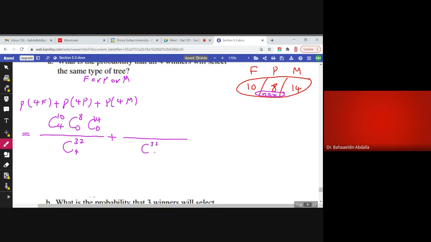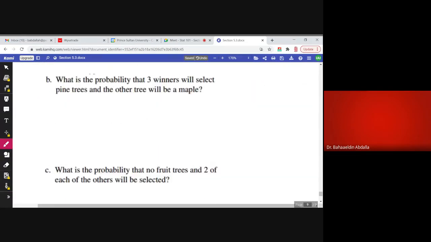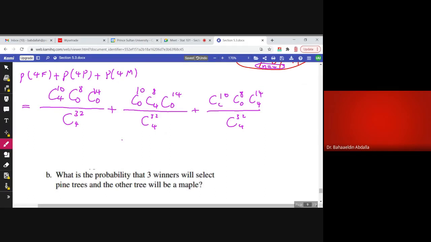Probability of 4 pine trees would be the same, but we are selecting the 4 from the pine trees. Probability of choosing 4 maple trees would be selecting the 4 from the maple trees. So 10C0, 8C0, and 14C4. And in general, we are selecting 4 out of 32. Of course, please, you need to find the answer at the exam. You don't leave it like this.